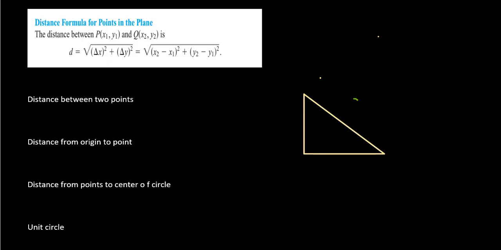We know that in Pythagoras theorem, this is our C and here lies our B and it is our A. And in the previous section we already know that it is our delta x, that is x2 minus x1, and in the y direction from this point to this point is our delta y, that is y2 minus y1.